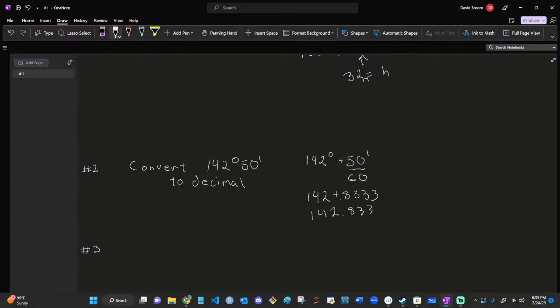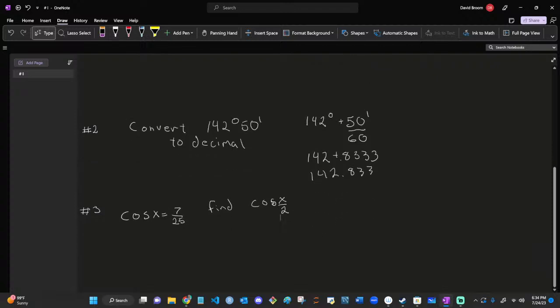So they tell us that cosine x equals 7 over 25, and they want us to find cosine x over 2. We'll use the half angle.